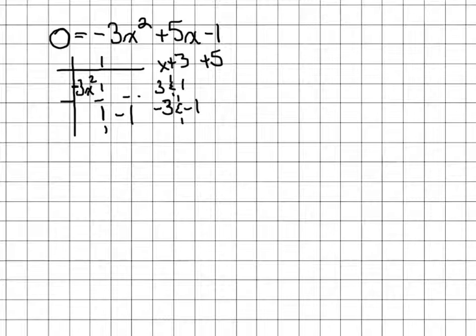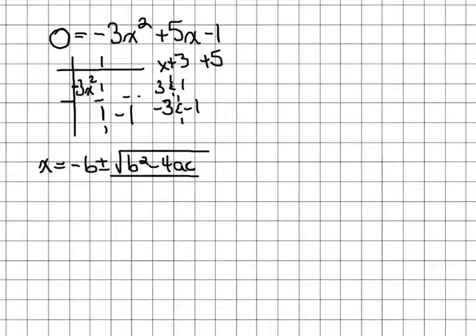So let's use the quadratic formula. x equals minus b plus or minus the square root of b squared minus 4ac, all divided by 2a. Again, writing out what a, b, and c are: a is equal to negative 3, b is equal to 5, and c is equal to negative 1.